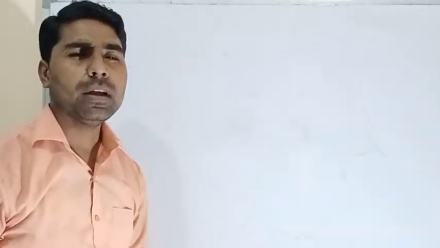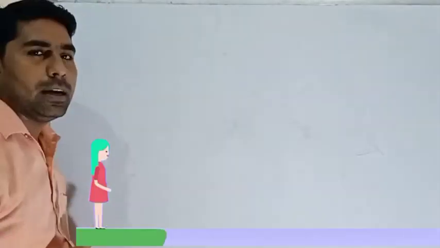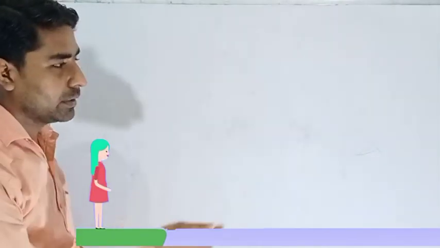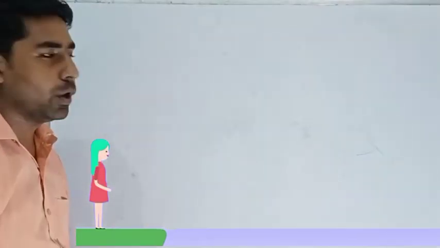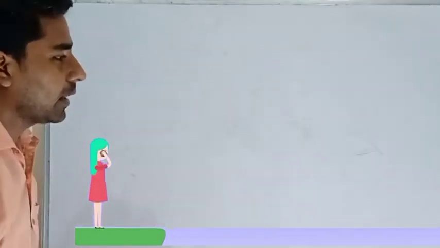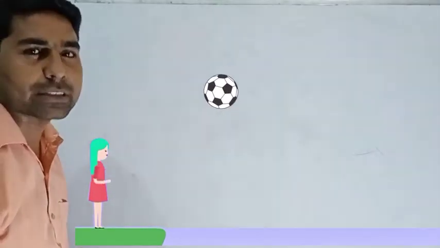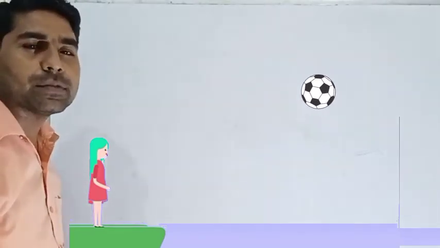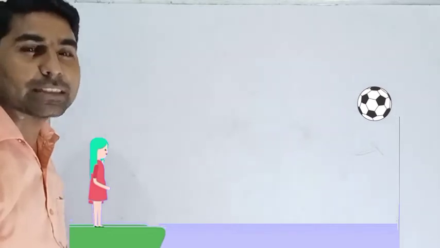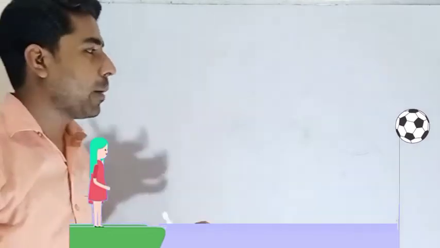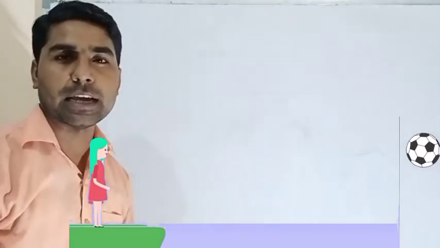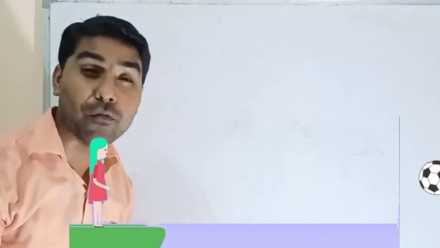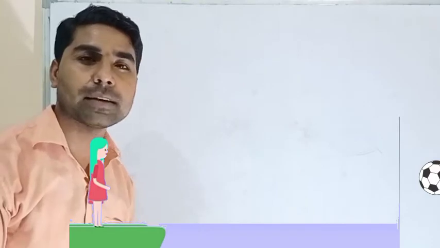Suppose a girl is throwing an object and it follows this path. So here the path is the trajectory, and the football, or any object you can see, is the projectile. Which shape is this path: circle, triangle, line, oval?